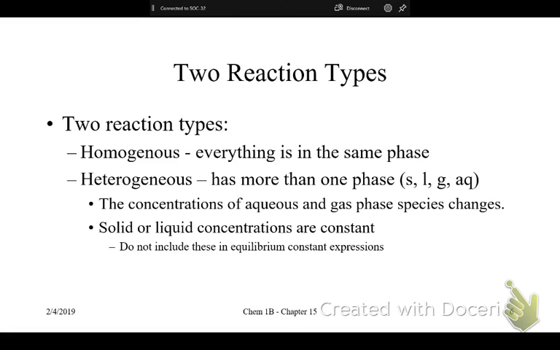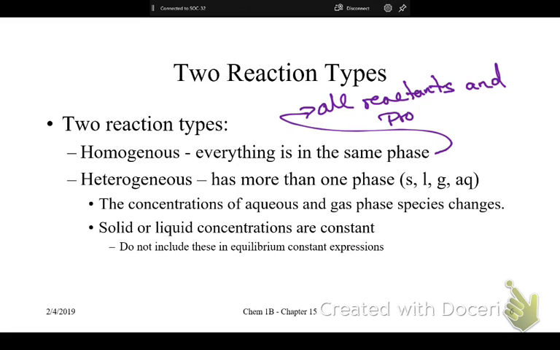One other thing about writing equilibrium constants: in homogeneous reactions, all reactants and products are included in the equilibrium expression.